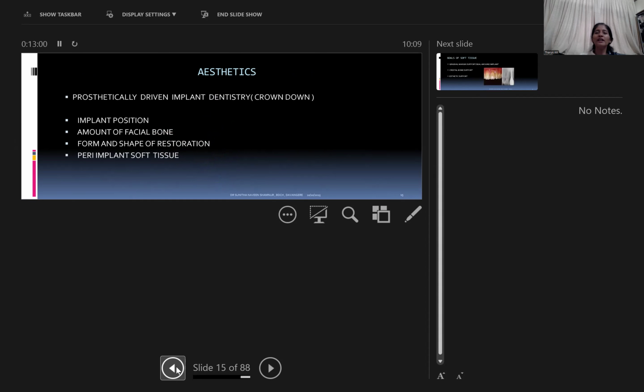When I say aesthetics, what exactly are we talking about here? Always, as a prosthodontist, we believe in the retrospective treatment planning or the crown down approach. Basically, you're going to evaluate the implant position, of course in the three-dimensional aspects, the amount of the facial bone that I've already discussed, the form and the shape of the restoration, whether it's an anterior or a posterior, and the quality and the quantity of the peri-implant soft tissue.